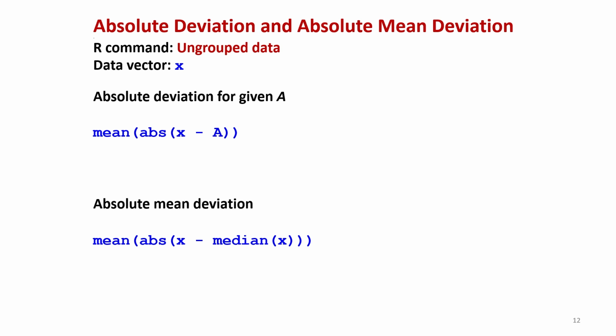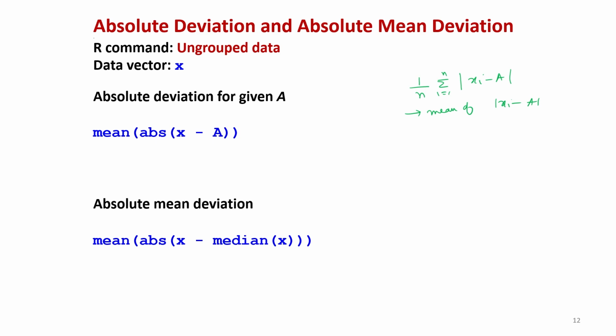But on the other hand, writing a statement to compute this value is also not difficult at all. If I write this definition for ungrouped data, this is the absolute value of xi minus a, and then you have to take its sum and divide by the total number of observations. So this is nothing but the arithmetic mean of the values absolute xi minus a, right?